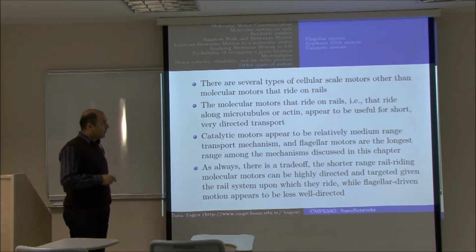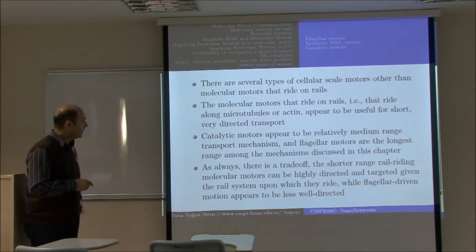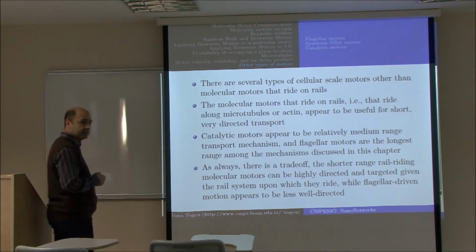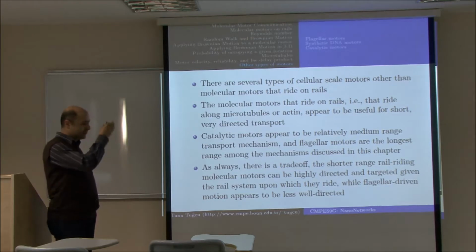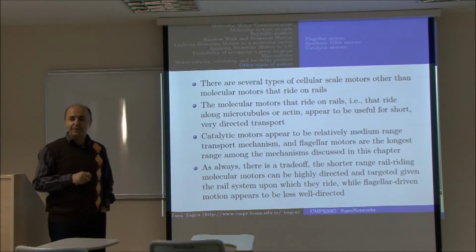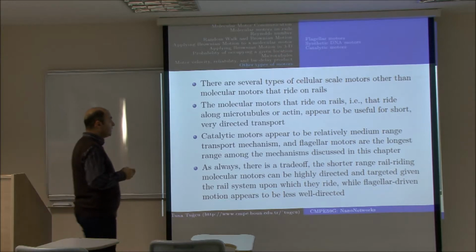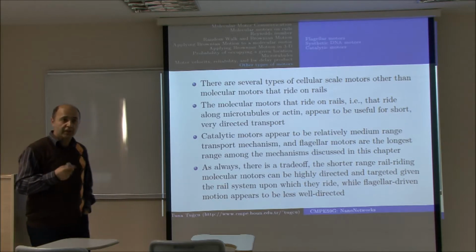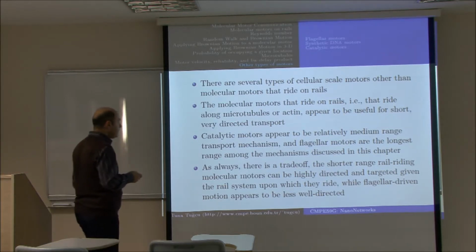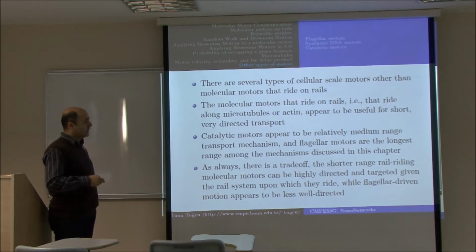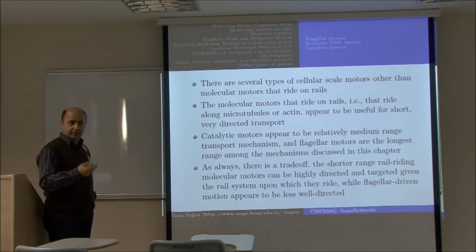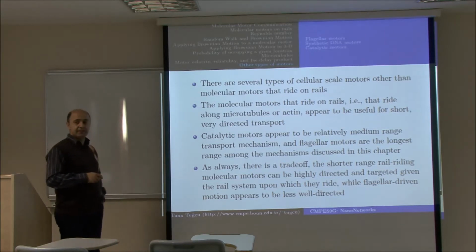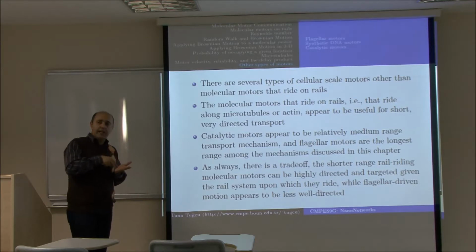There are several types of cellular scale motors other than the molecular motors that ride on the rails. This is a new subsection, by the way; I just started this slide. So besides these molecular motors, there are other ways of having molecular motors, not running on rails. The ones that run on rails, like the microtubules or the actins, appear to be useful for short and very directed transport, because you put the molecular motor on the rail, it goes to the other end of the rail.